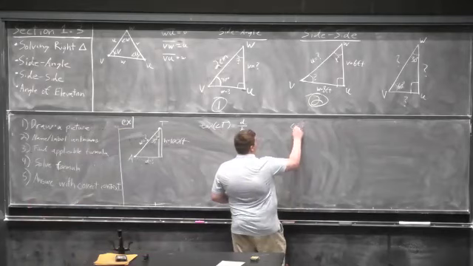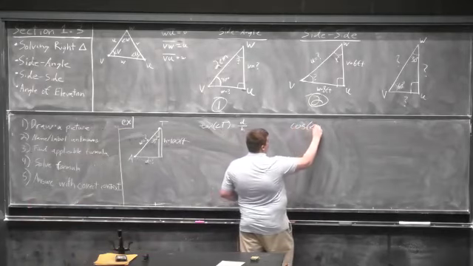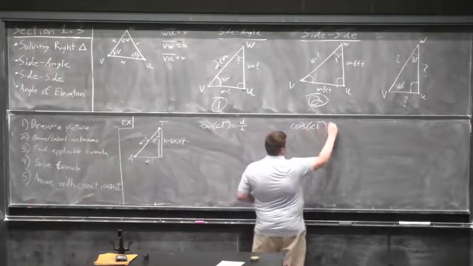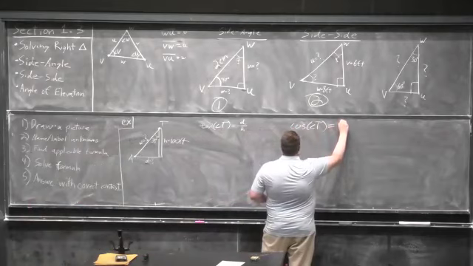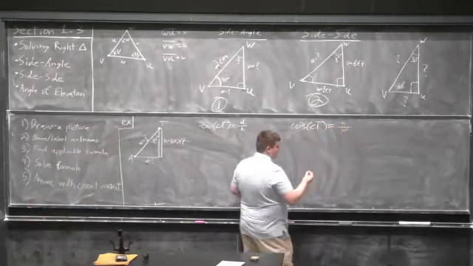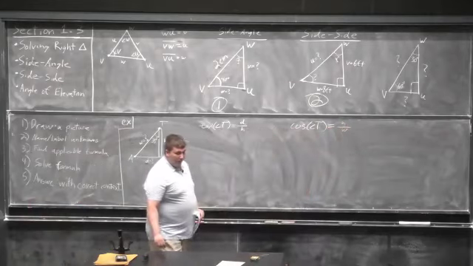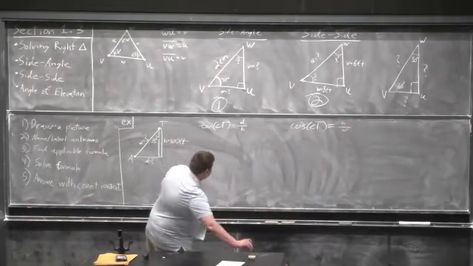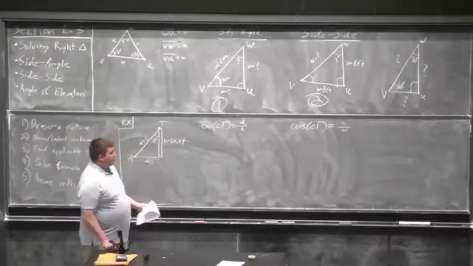So we have cosine of angle T is equal to H, the height, over W. Now that is my naming convention that I use.